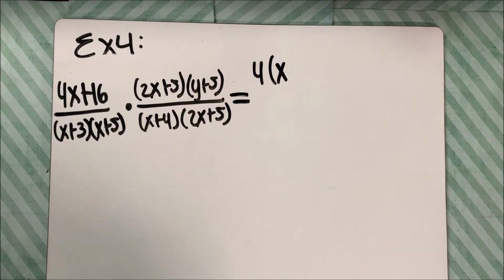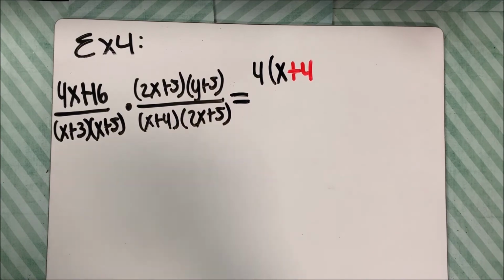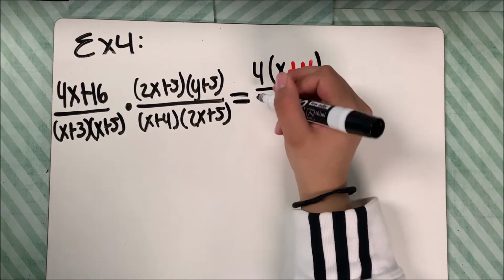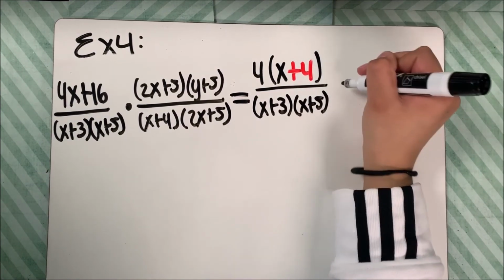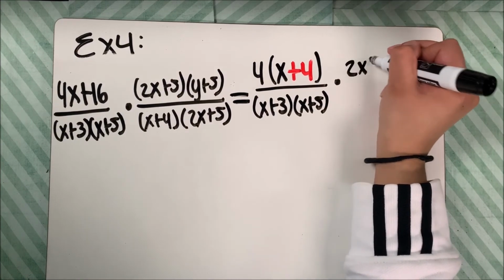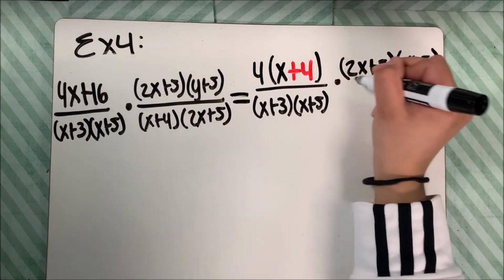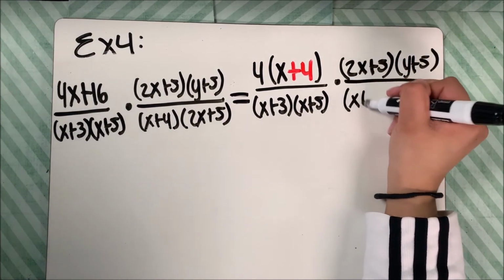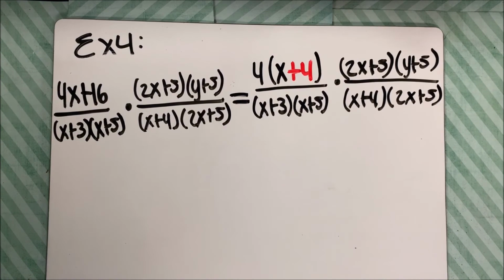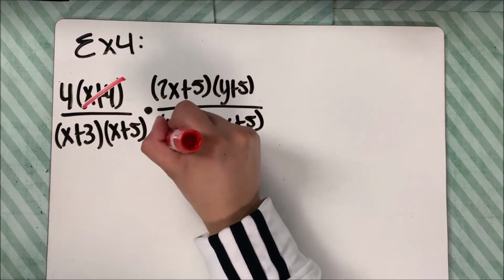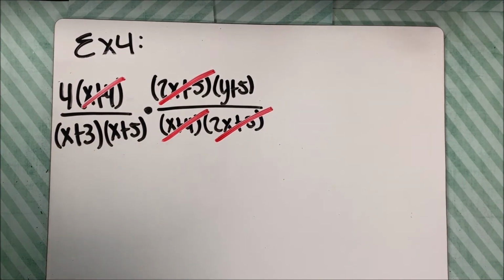Now you must factor out 4 from 4x plus 16 to get it into its simplest form. Now that you have factored 4x plus 16, you can cancel out common terms to further simplify your equation.